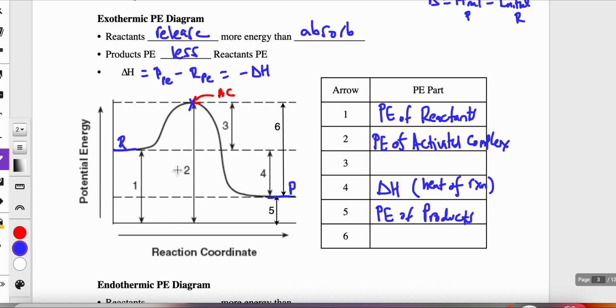Now, when we take a look at arrow 3, it starts on the platform of the reactants and it extends all the way up to the peak of the hill. So it starts on the reactants platform and goes up to the peak of the hill. This is what is known as the activation energy.